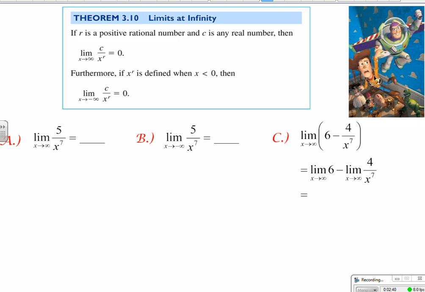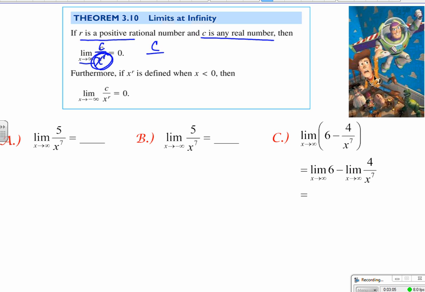A quick theorem for a specific style. If R is a positive rational number and C is any real number, then I would be able to say the limit as x approaches infinity of some real number C divided by x to the R power, where R is positive, so this x to the R stays in the denominator.